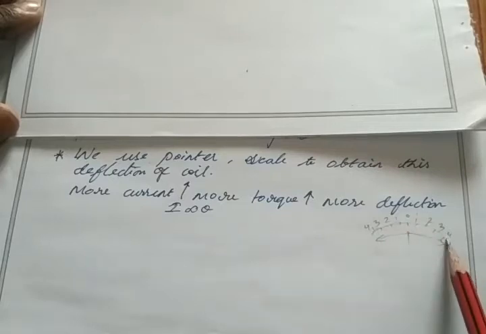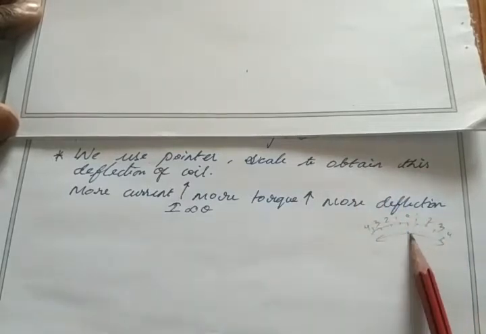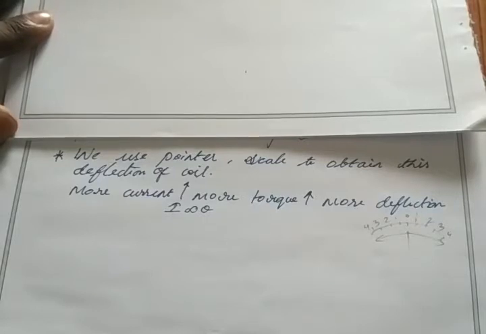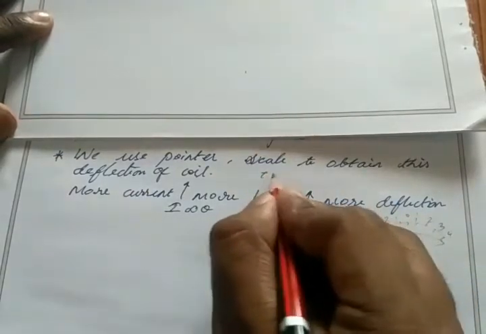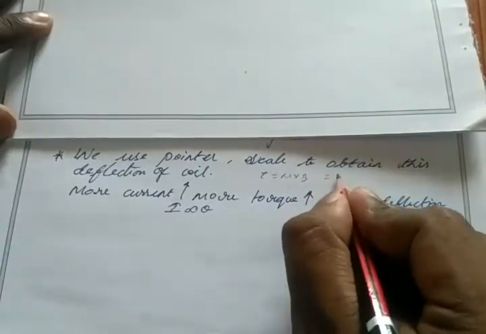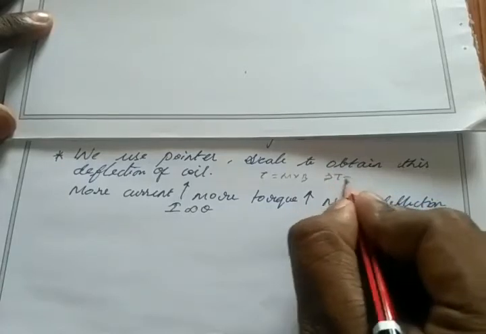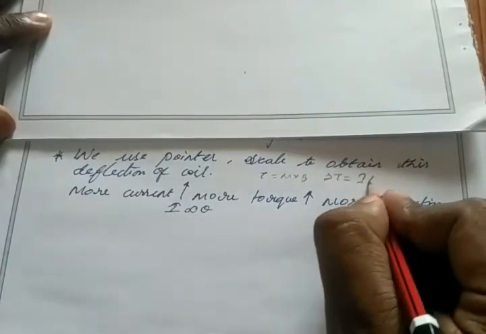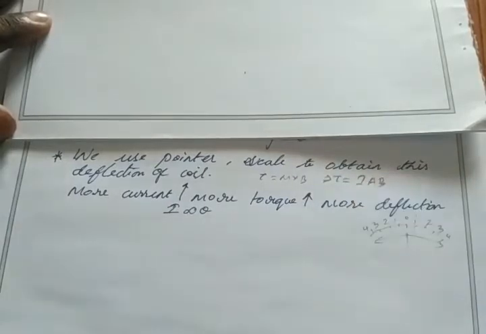So this is our scale to obtain the deflection of the coil. The coil gets deflected, or we can say moves along the scale. If we give more current, then we get more torque. So what is the relation between current and torque? We know tau equal to M cross B, or instead of M we can write IAB, right?